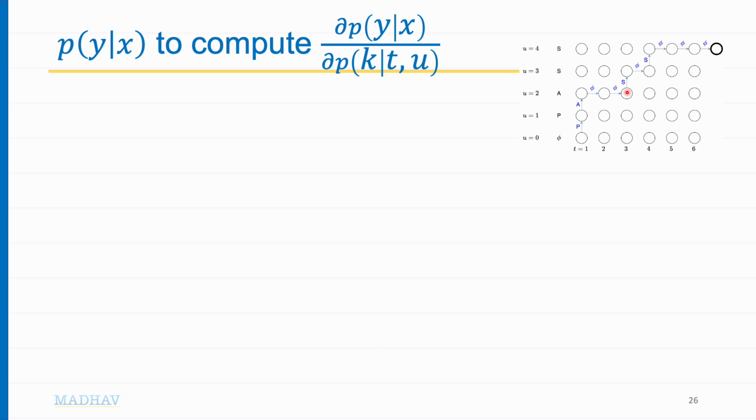The probability of all valid paths which pass through this node is given by alpha(t,u) into beta(t,u), right? I repeat.